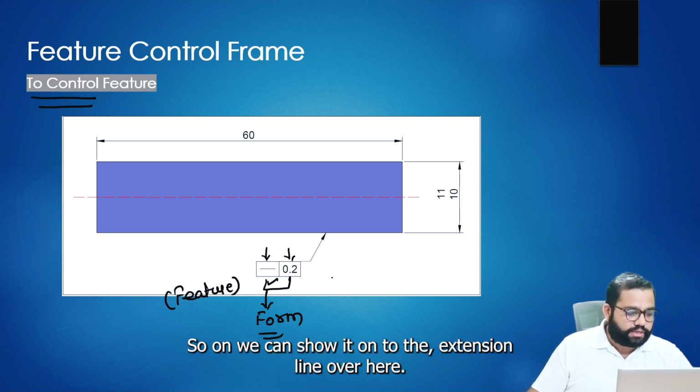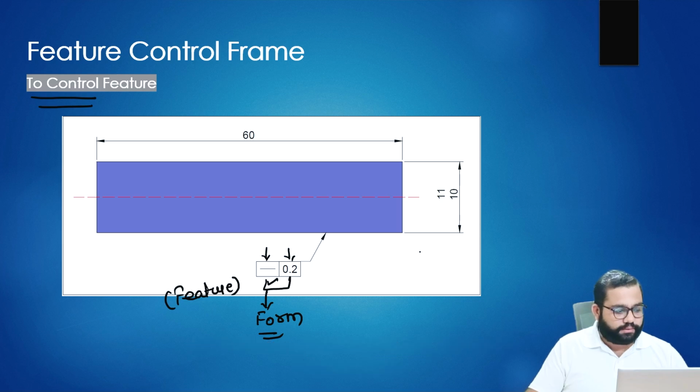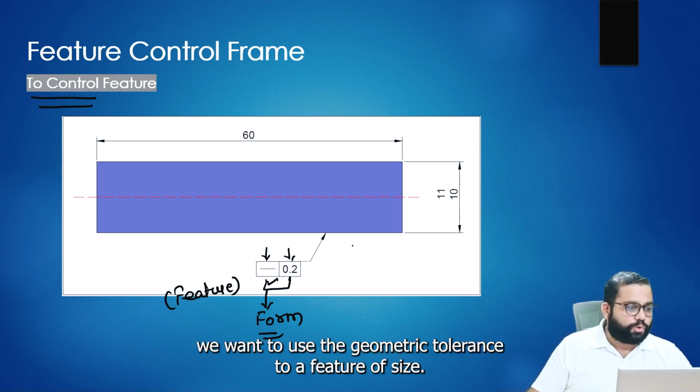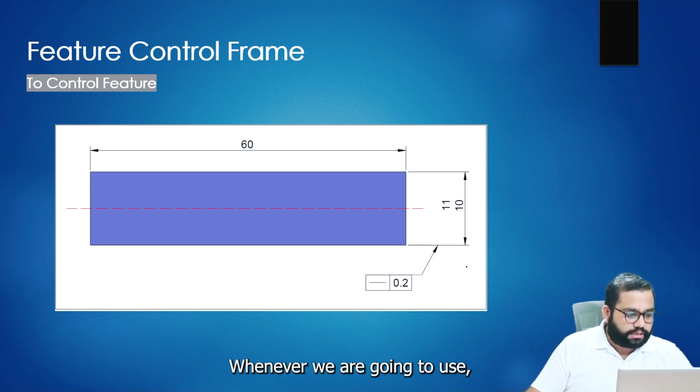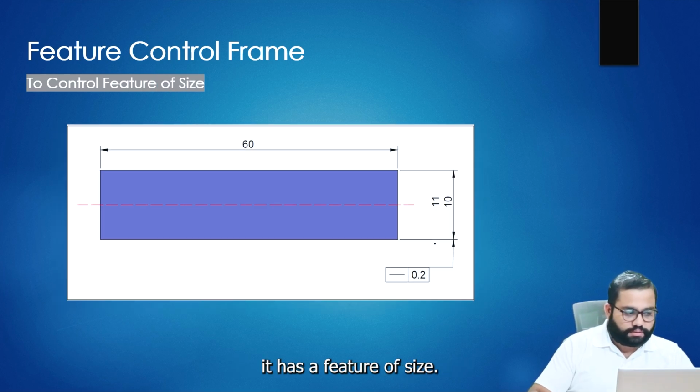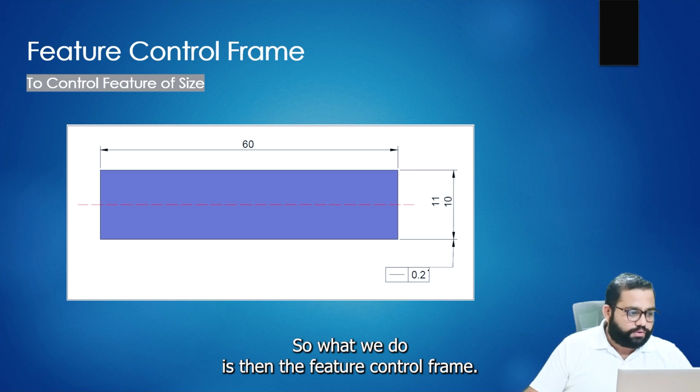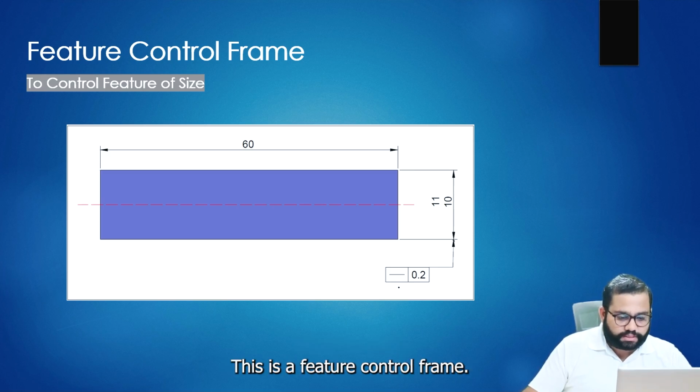Or we can show it on the extension line over here. Whenever we want to apply the geometric tolerance to a feature of size, this is the feature control frame, with its leader line.